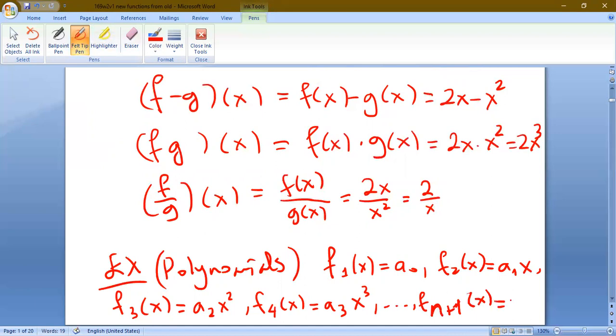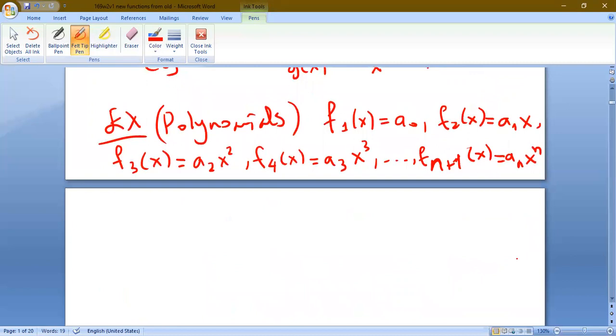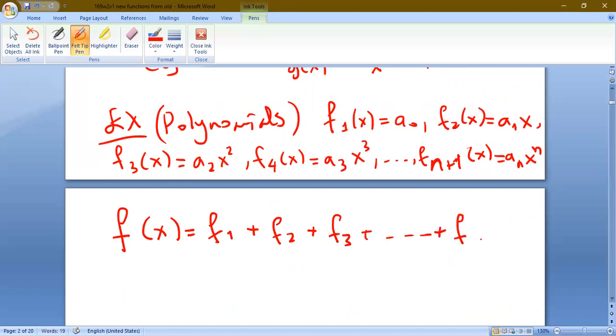is equal to a n times x to the n. And then we can talk about summations of all these functions. So f can be written as f1 plus f2, f3, all the way up to f n plus 1.